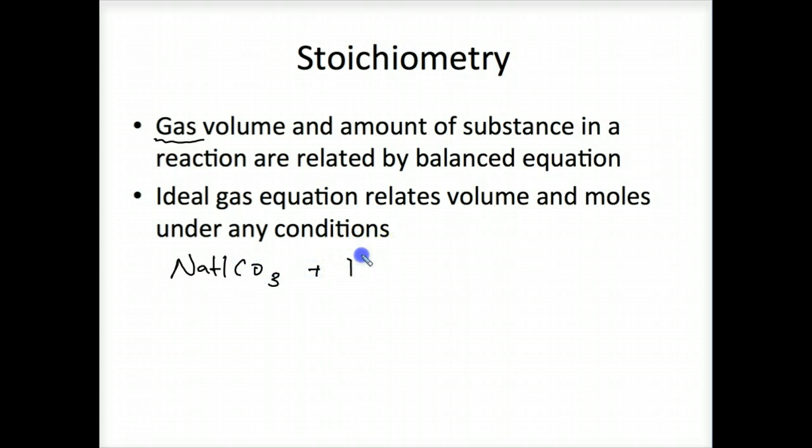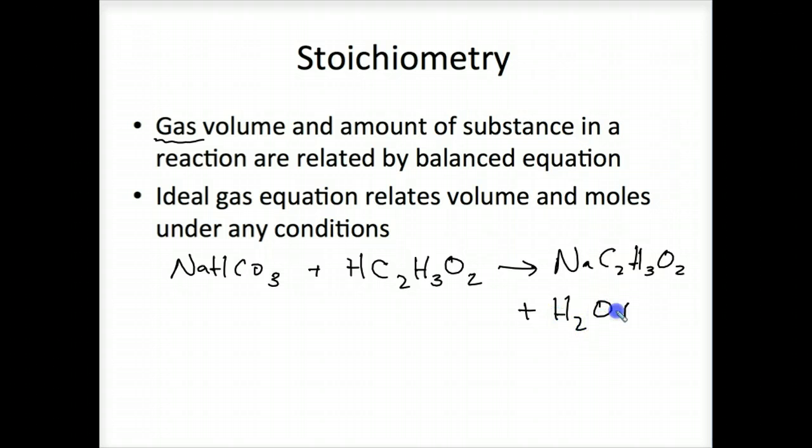I have vinegar reacting with baking soda, and I'm going to produce sodium acetate, water, and carbon dioxide. So in essence, I already know that carbon dioxide is my gas.